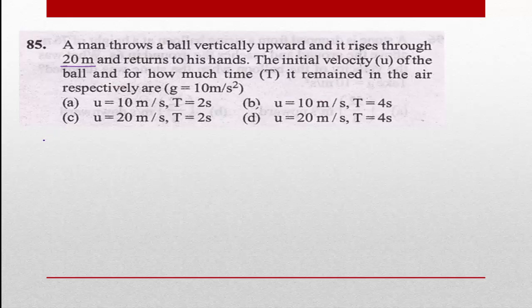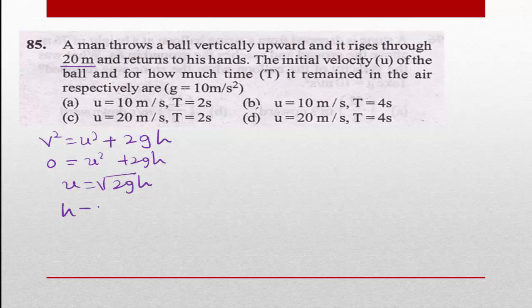We know the formula: v square is equal to u square plus 2g into h, a equal to g, s equal to h. The final velocity is 0, that is 0 is equal to u square plus 2gh, or u is equal to root of 2gh. Here for h equal to 20 meter, u equal to root of 2 into 10 into 20.